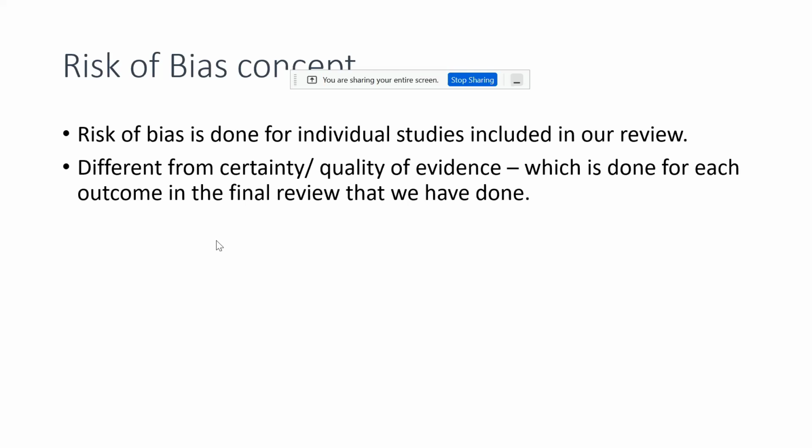The first was complete resolution at 6 months, and the second was symptomatic relief at 2 months. So, risk of bias assessment was done once for the complete resolution at 6 months for all 3 studies, and once for the symptomatic relief at 2 months for all 3 studies, while the certainty of evidence was done all at once for the 3 studies together at the end of the review for each of the outcomes being evaluated.